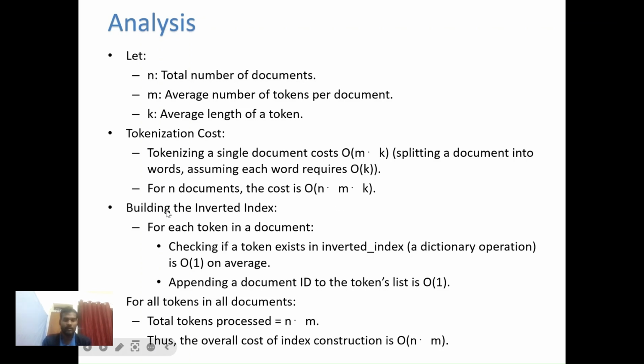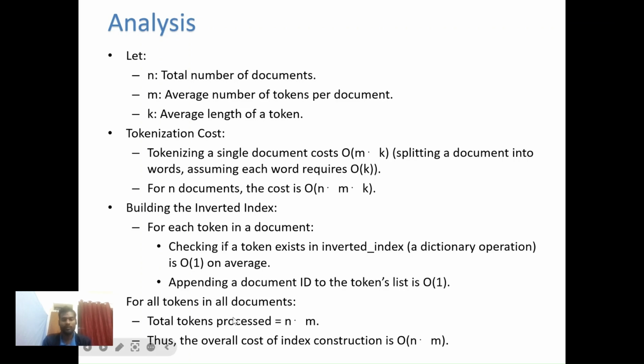Next we see the analysis of building the inverted index. What we are doing is checking if the token already exists in the dictionary. This requires constant time, and if the token exists in the dictionary, we just append the document ID corresponding to that. This will also require constant time.